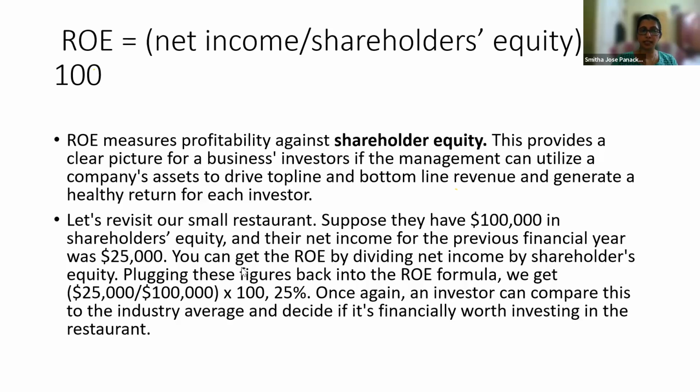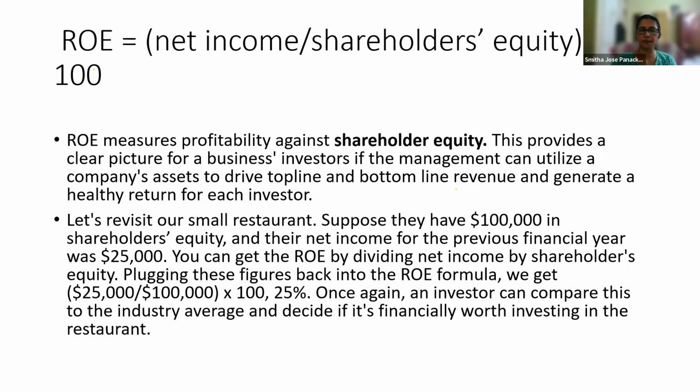Let us revisit our small restaurant example we have seen in the previous slide. Suppose they have $1 lakh as equity shares, and their net income for the previous financial year is $25,000. How will you calculate ROE? What is the formula? Net income divided by shareholders' equity into 100, right?